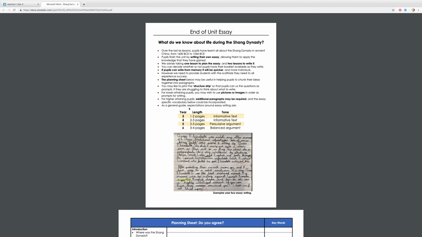We're not trying to catch them out. We're trying to set them up for success. And so that will be a scaffold that some students will need to be able to really experience success.